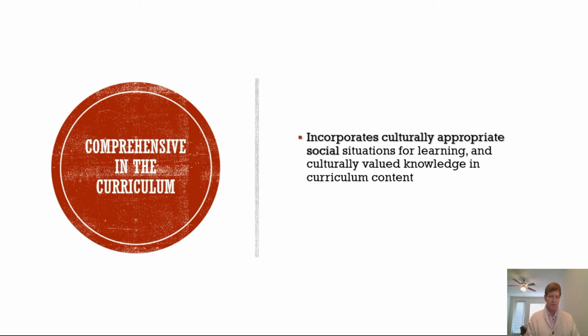Something that is sometimes a mistake that I've seen young teachers make, student teachers make when I'm a college teacher, and I've even seen experienced teachers make this, is they'll think that culturally responsive teaching is something that's done separate from the academic curriculum.